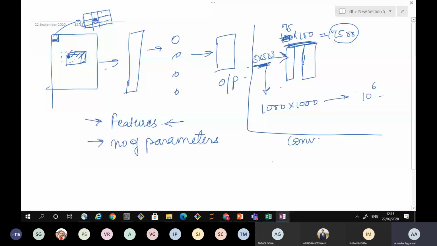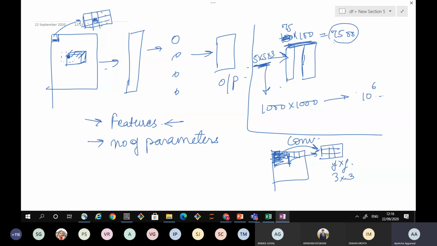In convolution, we are only multiplying each part with 9 values, that is filter size cross filter size. If it is 3 cross 3, we are multiplying every value with only 9 values. Instead of all the neurons being connected with all the neurons in the next layer, each neuron in the previous image is connected with only 9 neurons in the filter.